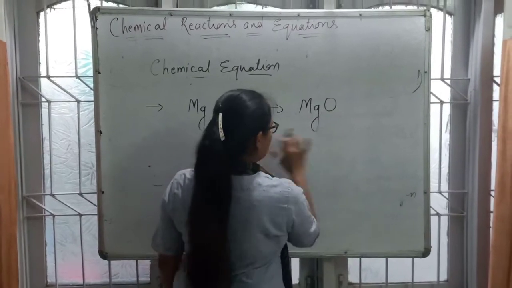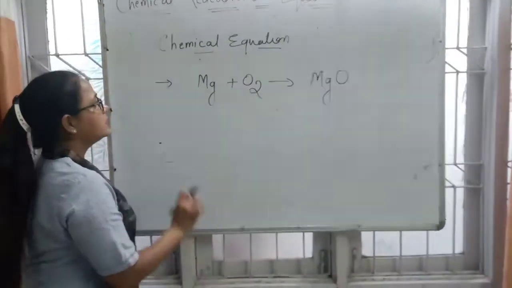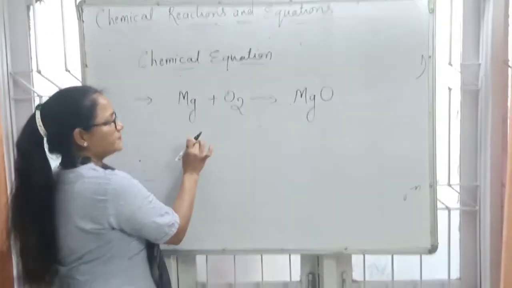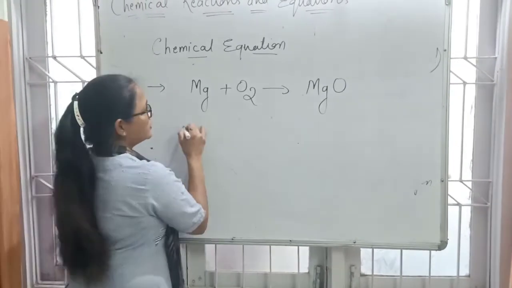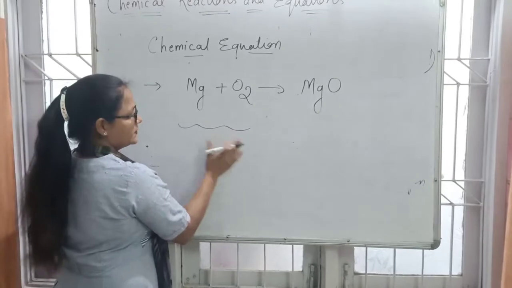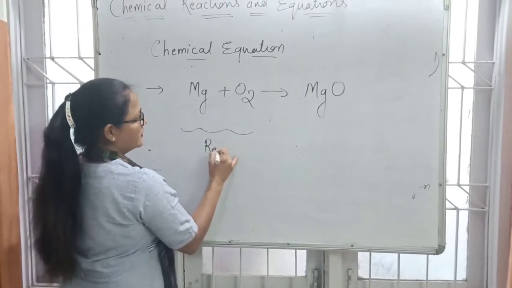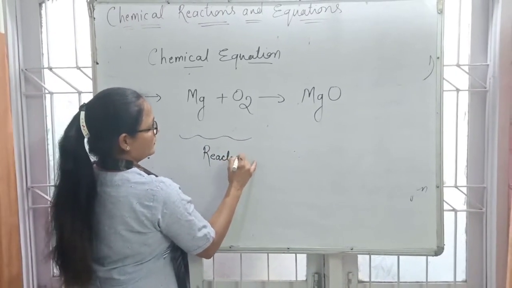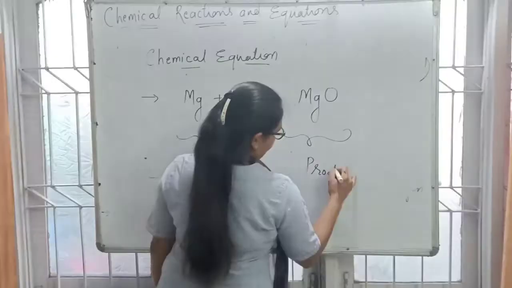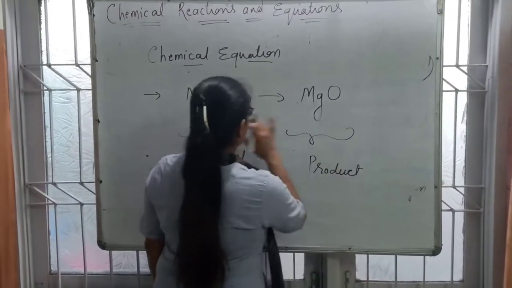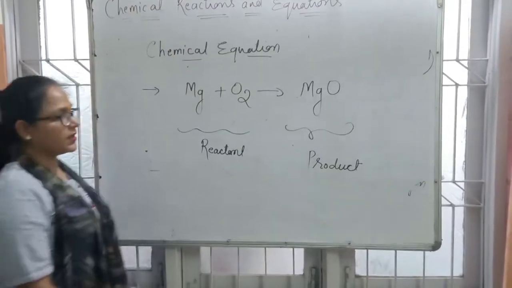In this equation, the number of atoms of each element on both sides, the reactant side and the product side, is not equal.